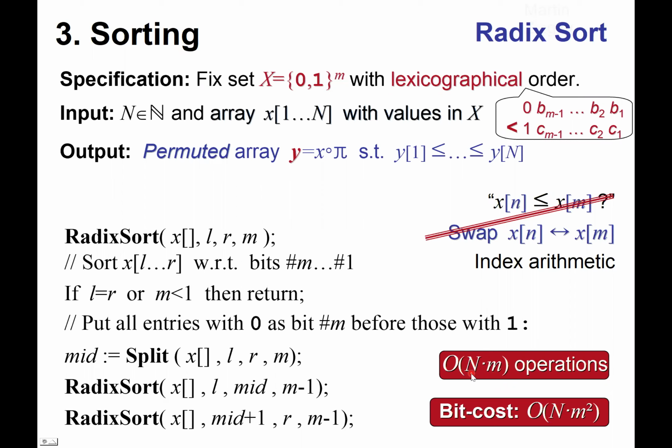So in a sense, this is still an n log n algorithm, but with a refined analysis, if many bit strings are repeated, if m is much smaller than log n, then this algorithm allows to beat the n log n. But if we have long bit strings, then this gets worse than n log n.